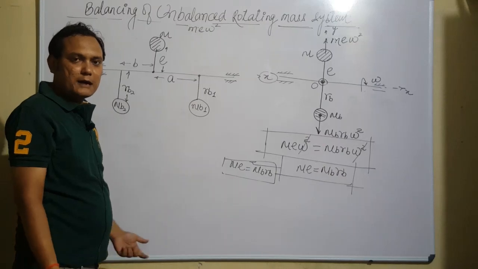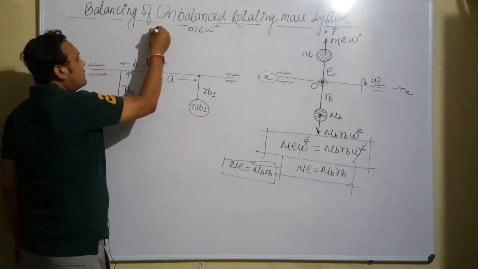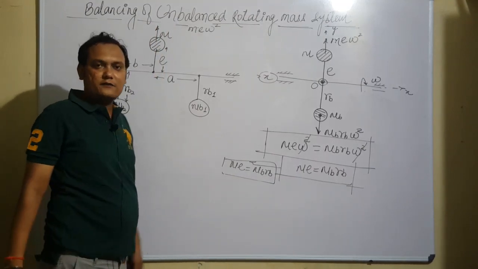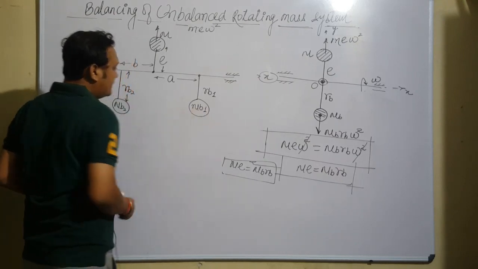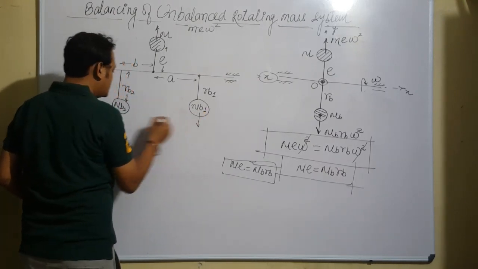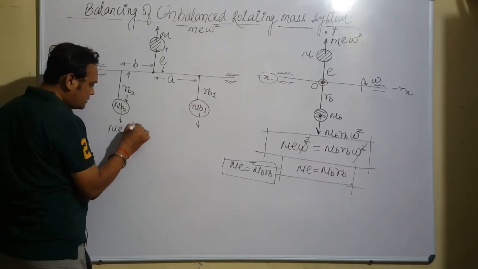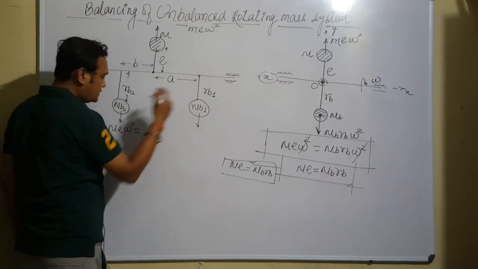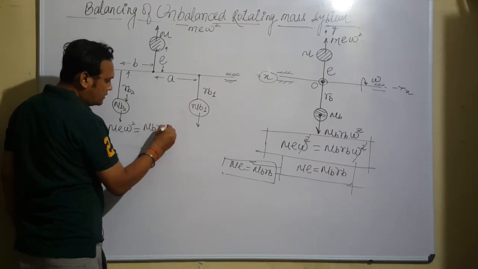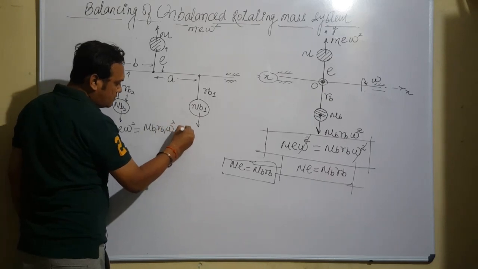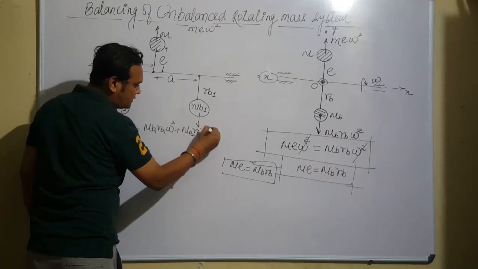So what should be the balancing condition? The centrifugal force produced on the unbalanced mass must be nullified by these two centrifugal forces. That means M e omega square must be equal and opposite to MB1 RB1 omega square plus MB2 RB2 omega square.